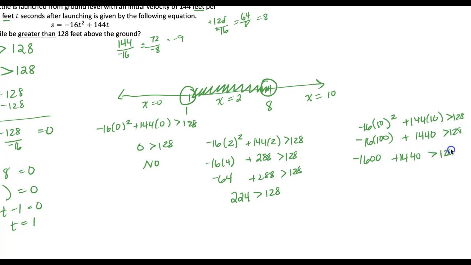Is that bigger than 128? And adding these two together, we have more negatives than positives, so we should end up with a negative number. And that should be enough to tell us that the left side is not bigger than the right, but we could go ahead and finish that, and we end up again with a no. So our answer should be from 1 second to 8 seconds, means that our height will be greater than 128 feet. And that ends example 9.